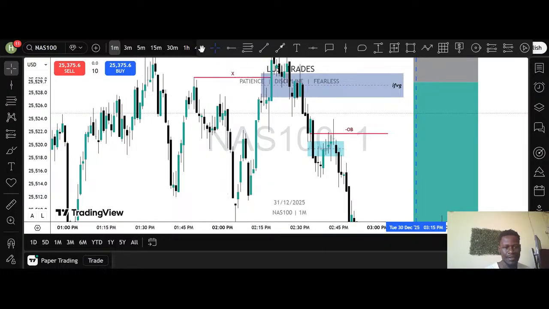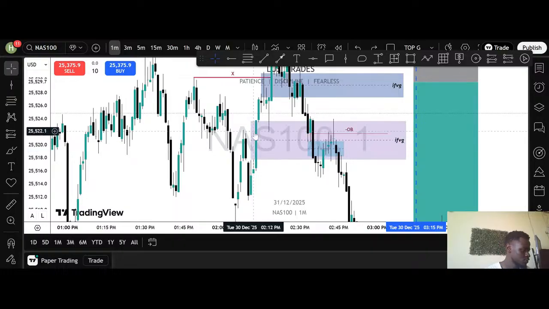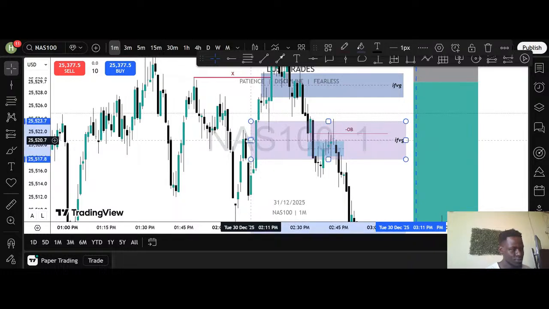Again, we were saying that this level, this BC, now becomes an IFVG. Now there's buy side imbalance, sell side inefficiency in this fair value gap. What do we anticipate once we leave this level?